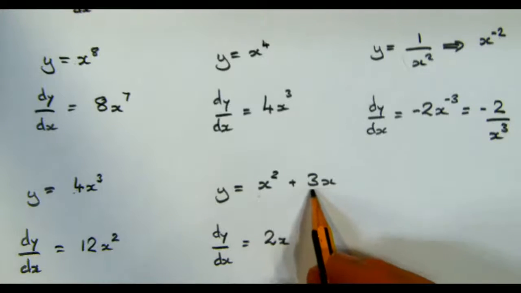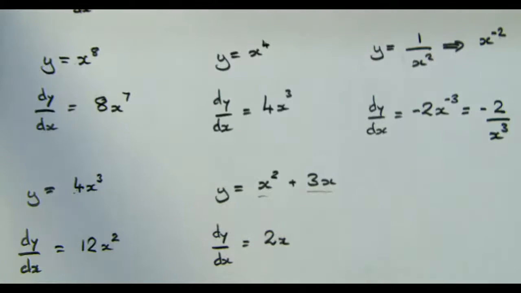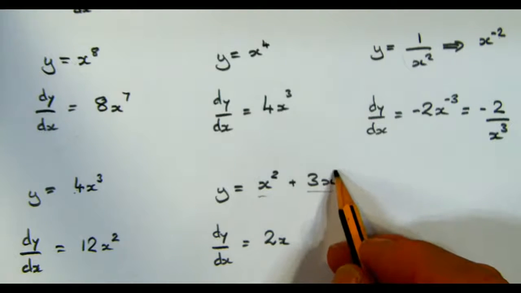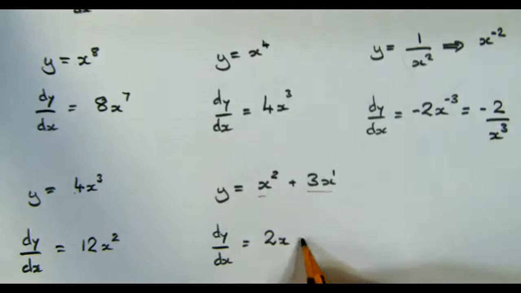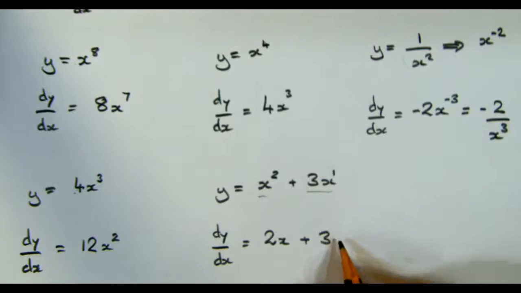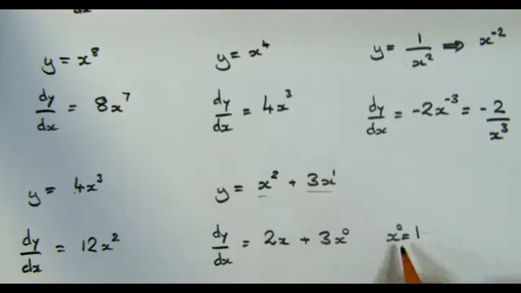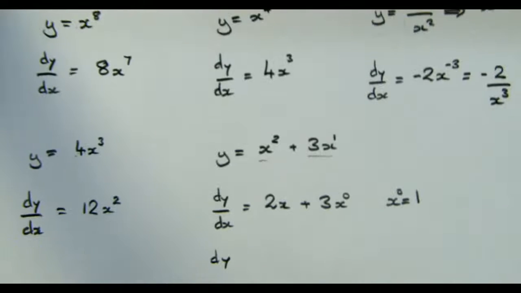And then let's differentiate this 3x separately. That's going to be x to the 1. So 1 times 3 is 3, and this becomes x to the 0. Now we know that x to the 0 is 1. So 1 times 3 is 3. So our answer for this one, dy by dx, is going to be 2x plus 3.